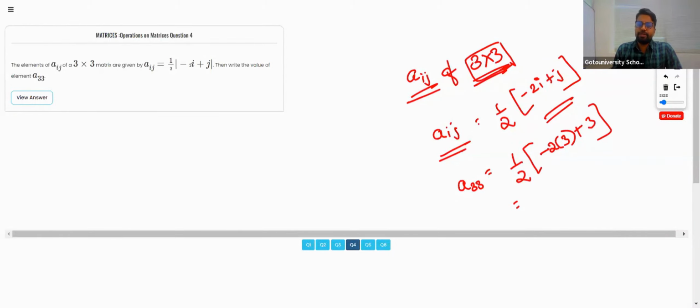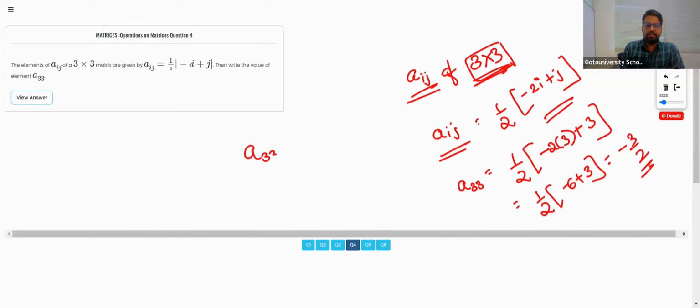When we solve this, we get 1 by 2 times, this is 6, this is 3, so we end up with minus 3 by 2.